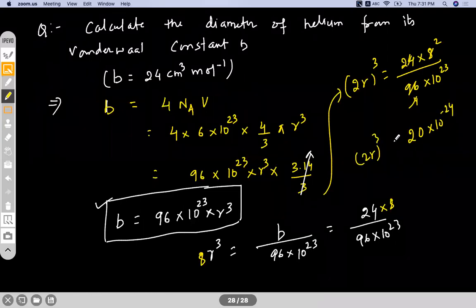The cube root of 20 is somewhere around 2.5 to 2.6, and then you can get the answer. Understood, guys? Yes, the exact answer is 267 picometer. It is given.